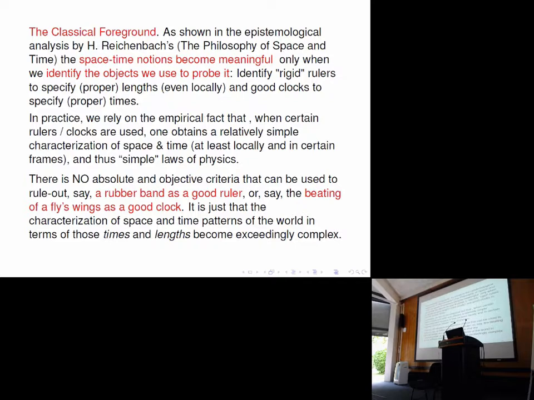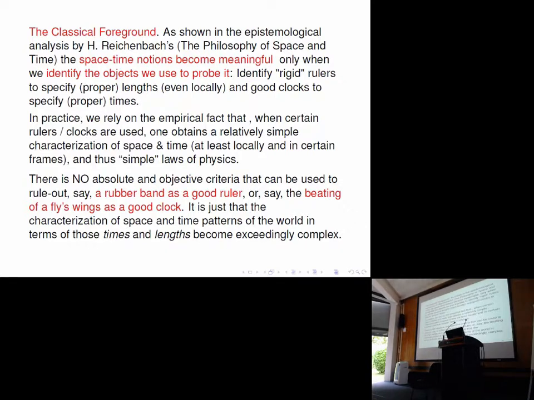In other words, when we say that the space-time separation between these two events is something, we should not be able to give a numerical value to it before we specify what kind of object we use to determine that space-like separation. If one thinks about it, it's clear that one cannot find any objective criteria to define what are the good clocks or the good rulers with which we explore space-time.